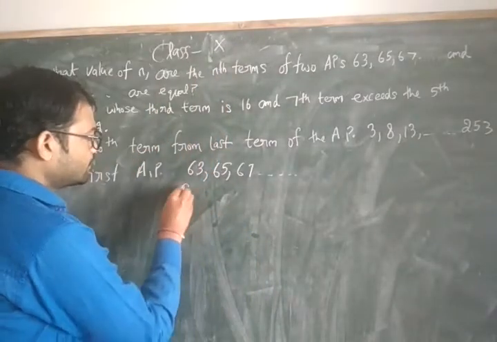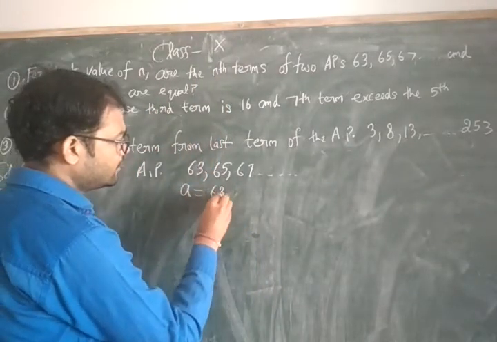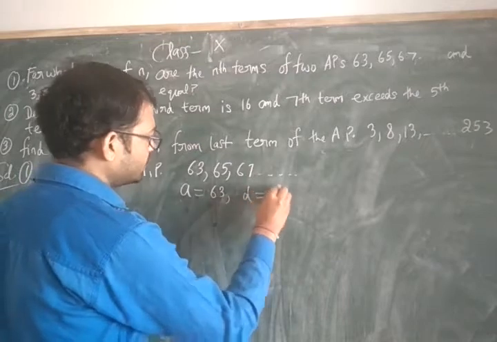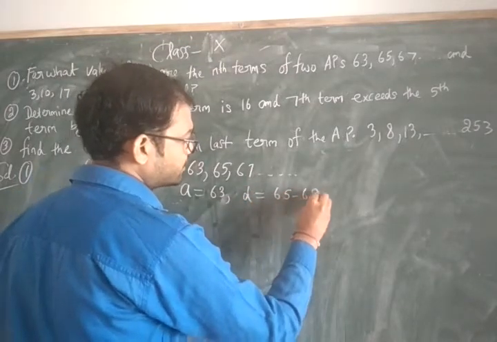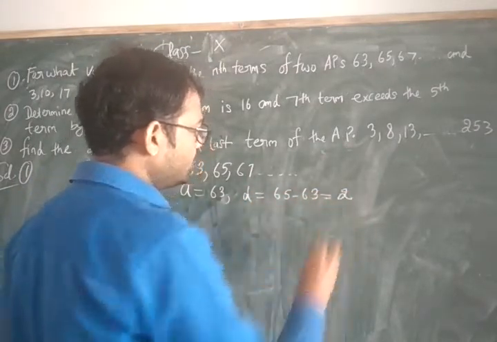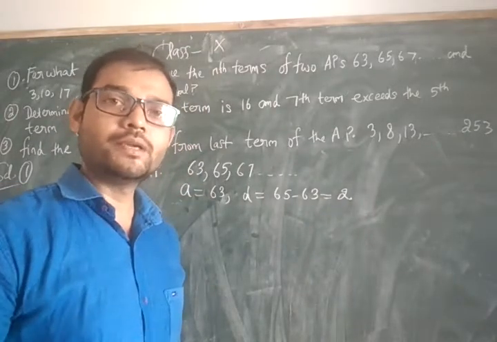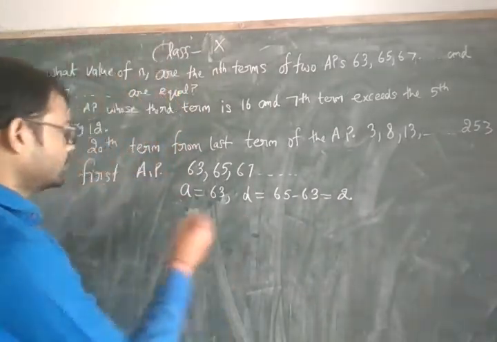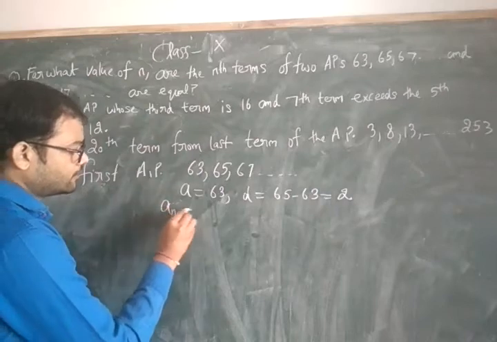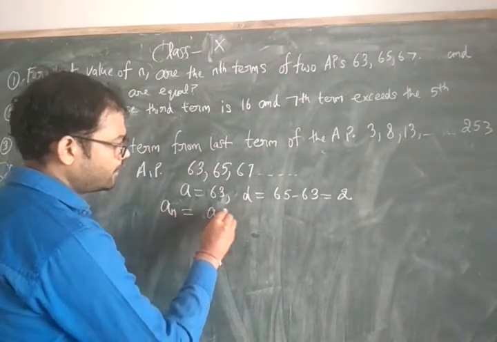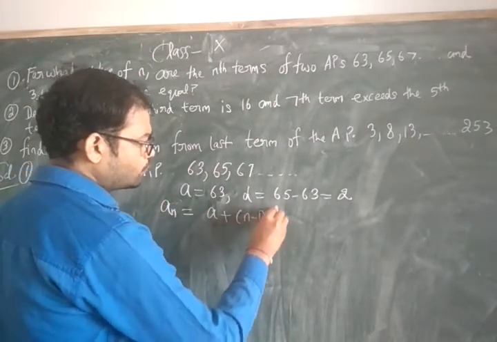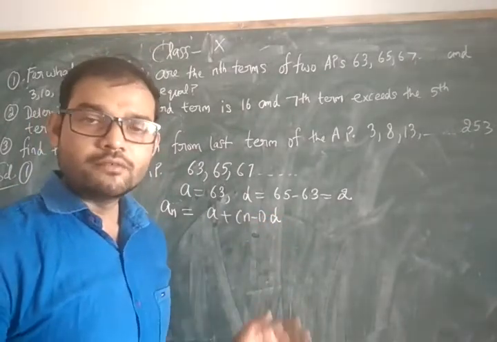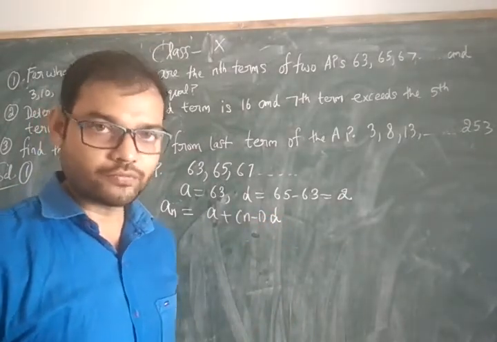The value of A is 63 and the common difference d is 65 minus 63, that will be 2. The nth term is equal to A plus n minus 1 d. This is the formula which we use to find the nth term.